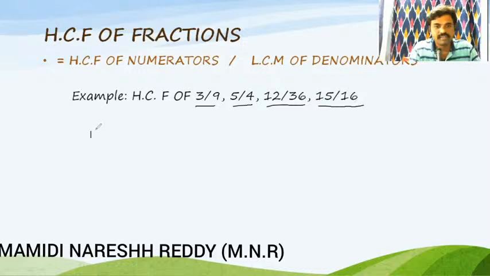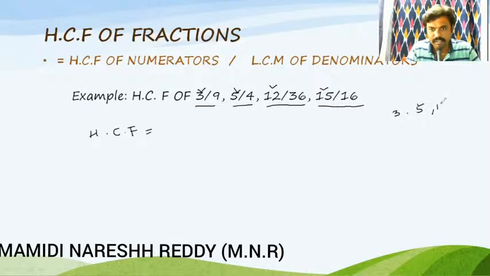Now H.C.F is equal to... we need to find the H.C.F of numerators. So numerators are 3 and 5 and 12 and 15.